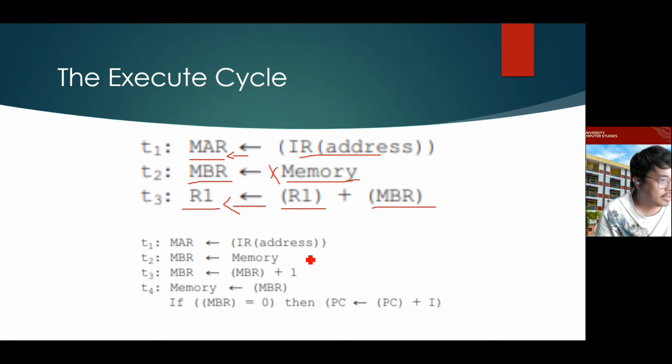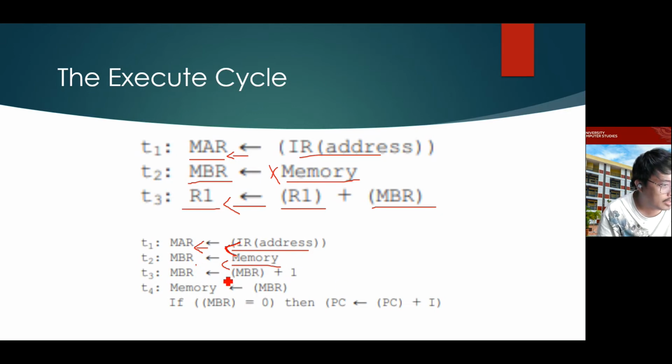In here, we will get the operation from the IR, or the next instruction from the IR to the MAR that will hold the next instruction. Then from the memory, the MBR will get the value that will hold the value for the operation.